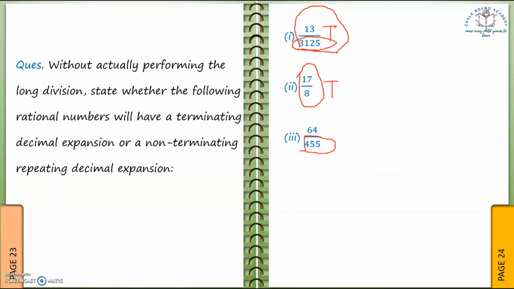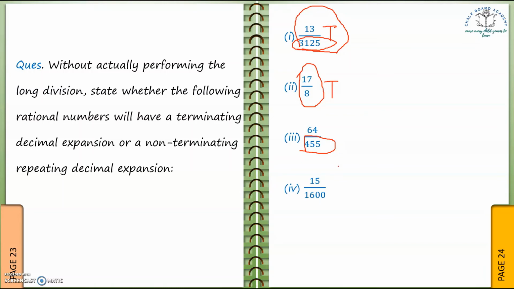Moving forward, another question, 64 by 455. In this number we can see that the denominator has a factor other than 5 and 2. So this number is not even, so we know that it doesn't have any 2. Now while dividing it by 5, we got the resultant as 91. Let's see, 5 9s are 45, 5 1s are 5, 91. So this number is non-terminating.